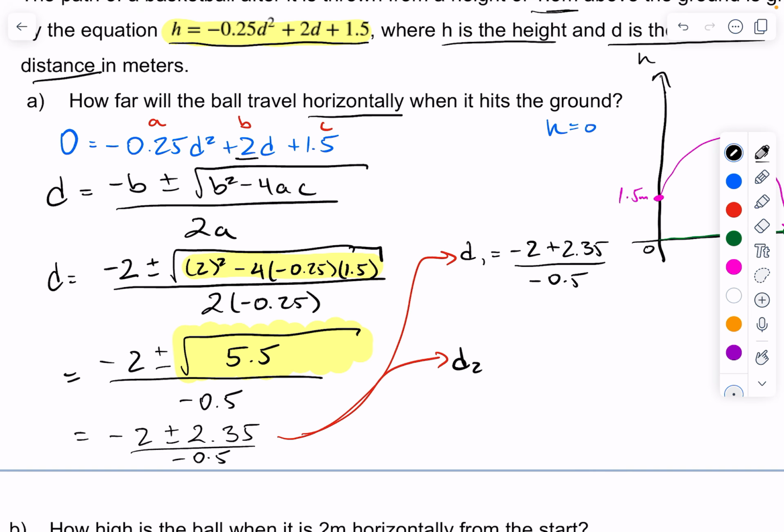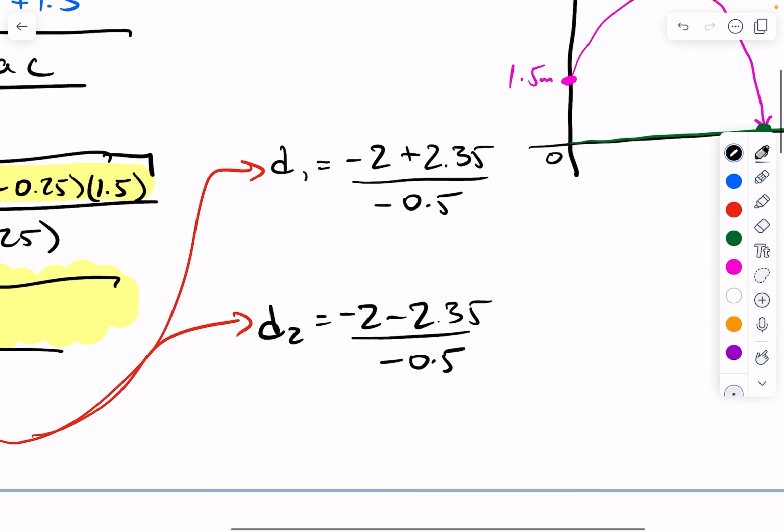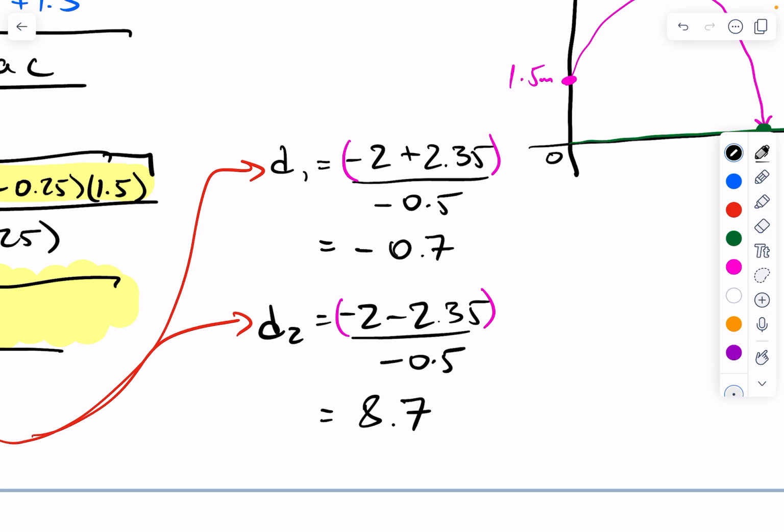And the other answer is negative 2 minus 2.35 divided by negative 0.5. Okay, and now we just have to work these two answers out. And if you put these into your calculator, remember we have to keep brackets here. You will get the answer negative 0.7, and you'll get the answer 8.7.